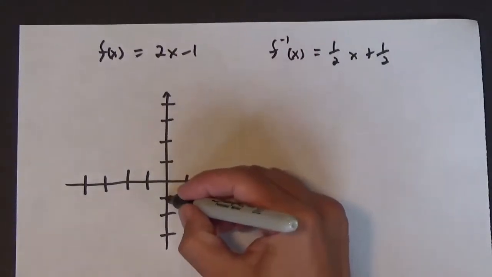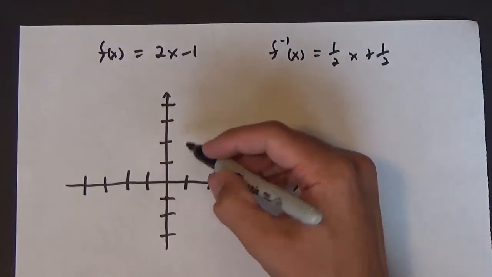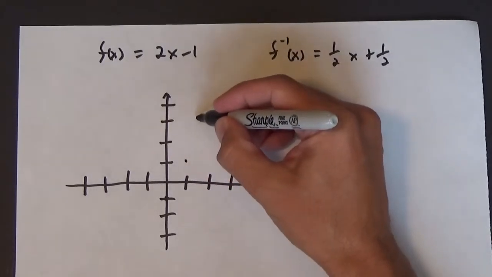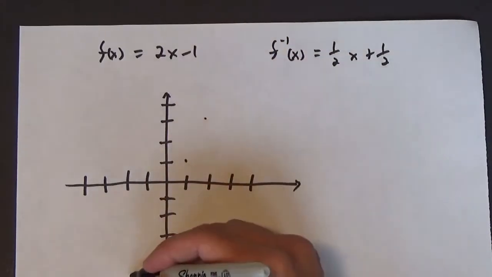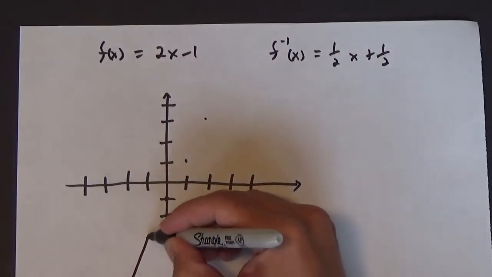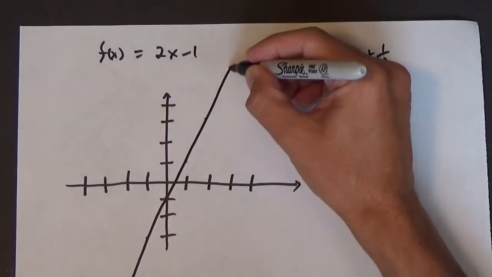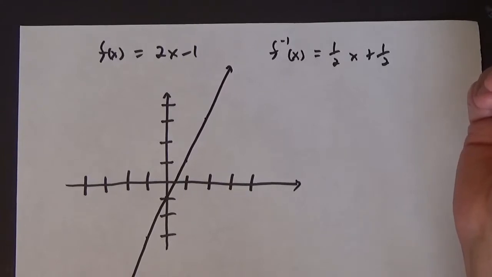So we go down to -1, there's 1 point, and we have a slope of 2. So up 2 over 1. And so it looks like it's going to look something like this. So there's our original function.